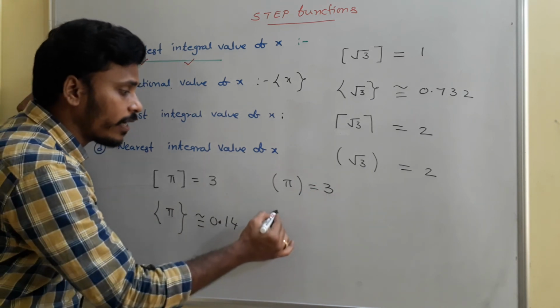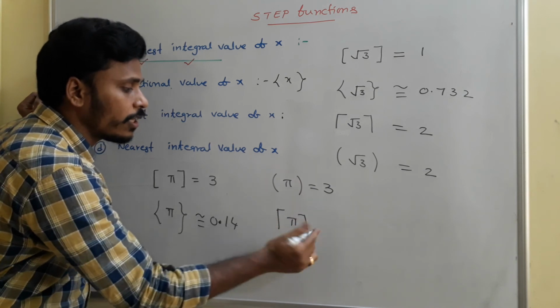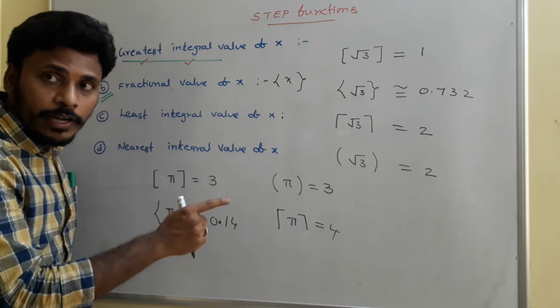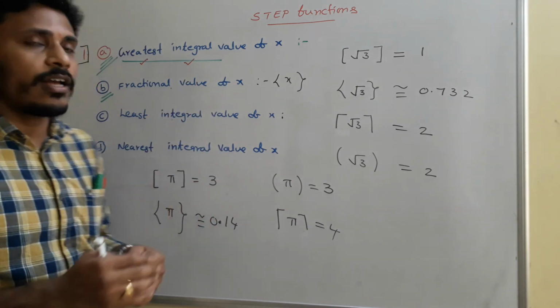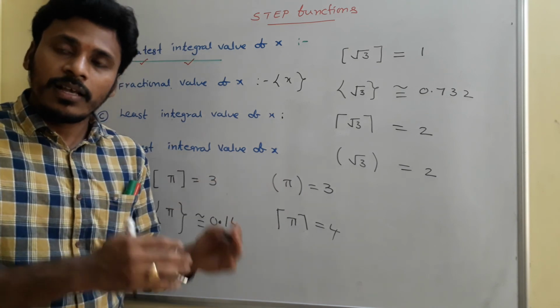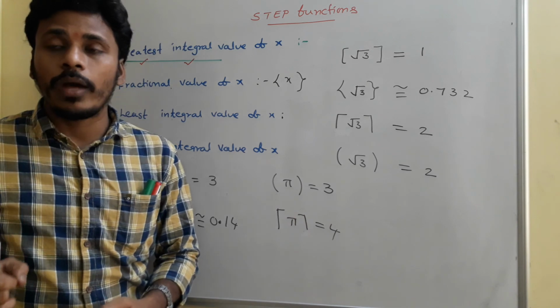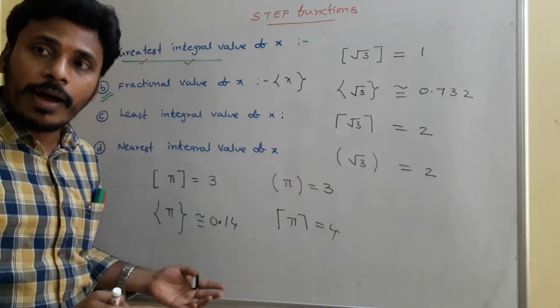And if you wish to write the ceiling of pi, it is simply 4. Why? Because it is in between 3 and 4. So like this, there is a chance to write step x, ceiling x, floor x, fractional value of x, and nearest integral value of x for every real number. This root 3 is a real number, this pi is a real number.